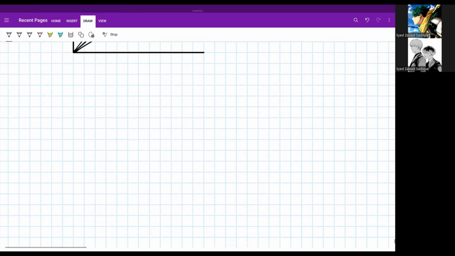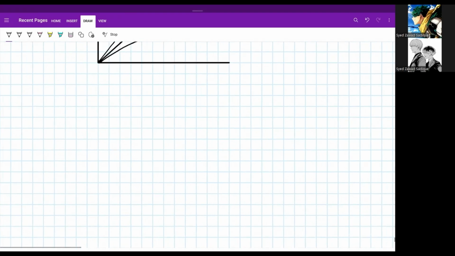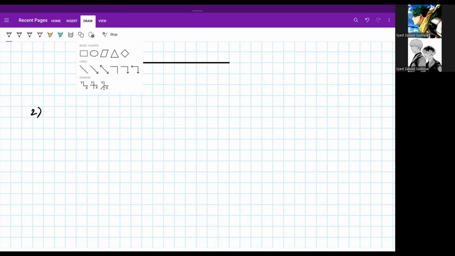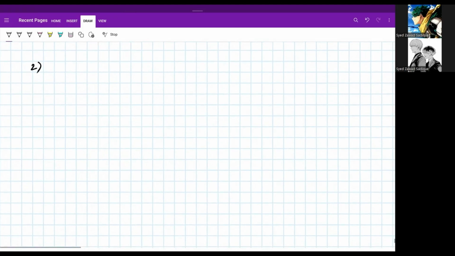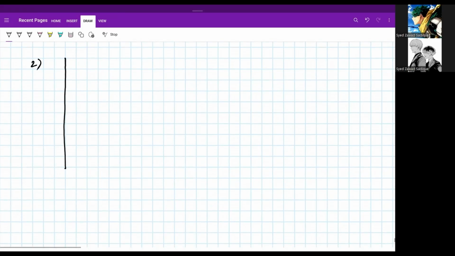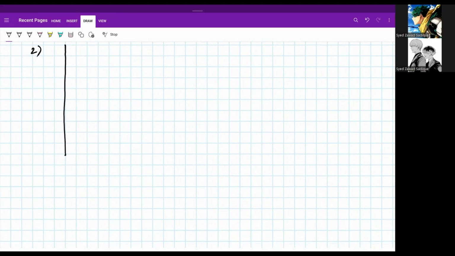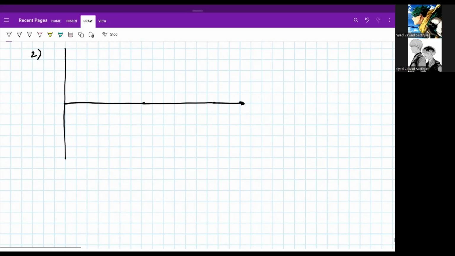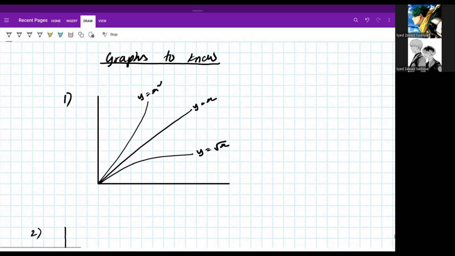Then you're required to know the cosine graphs or the sinusoidal graphs, which are, draw them. Right, hold up. So let me label them as well.